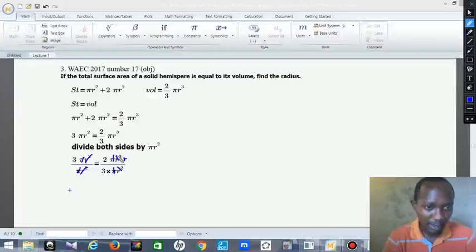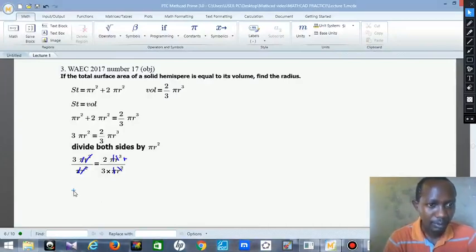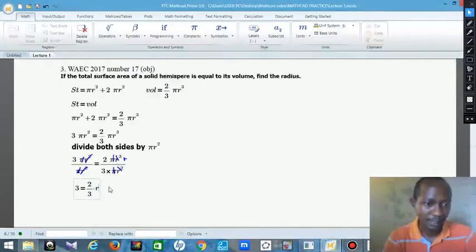Since it's square, I'll take away r square out, leaving r alone. So what we are going to get now is 3 is equal to 2/3 r, since pi r square has left.